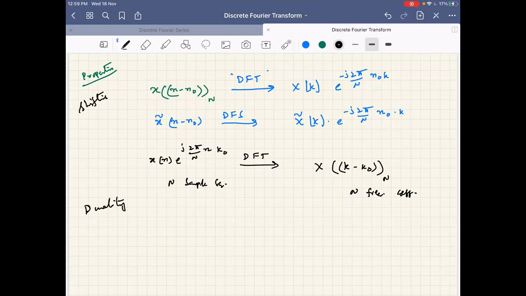And this is anyway time domain modulation. So what does the duality property enable us to do? To write conveniently the frequency domain to time domain or time domain to frequency domain transformations. Now assume that, so let us take the same.